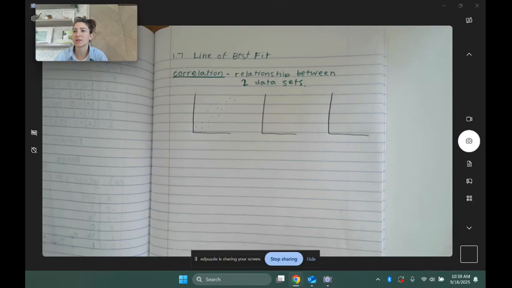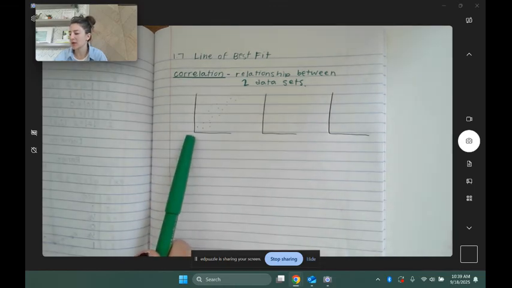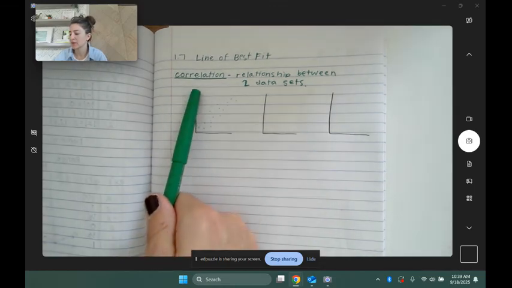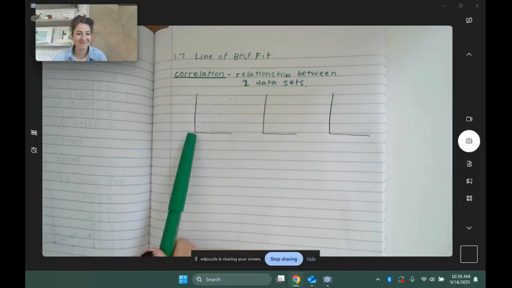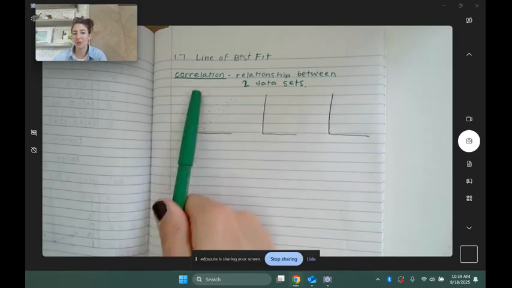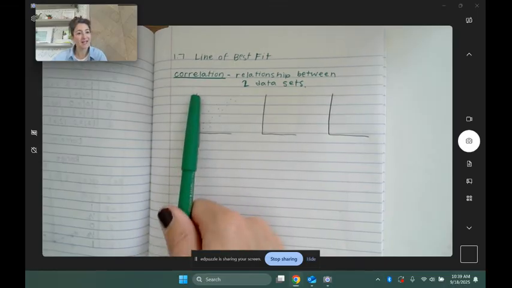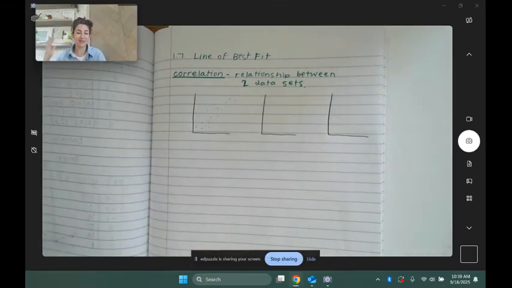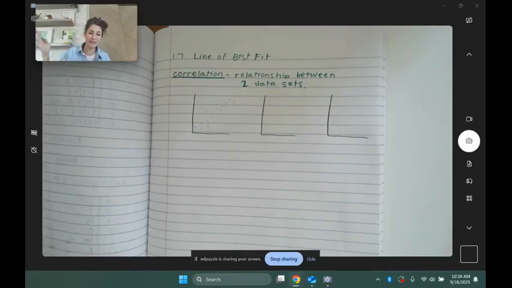A good example is your shoe size compared to your age, because your shoe size generally increases.